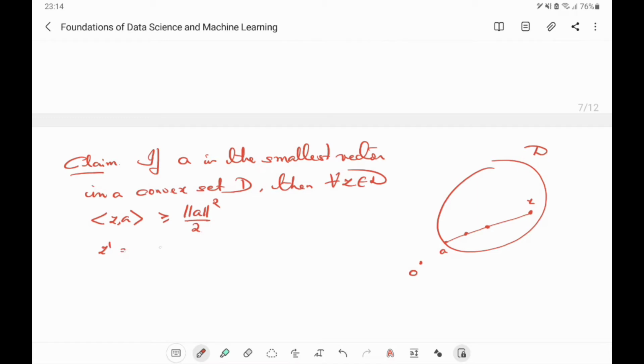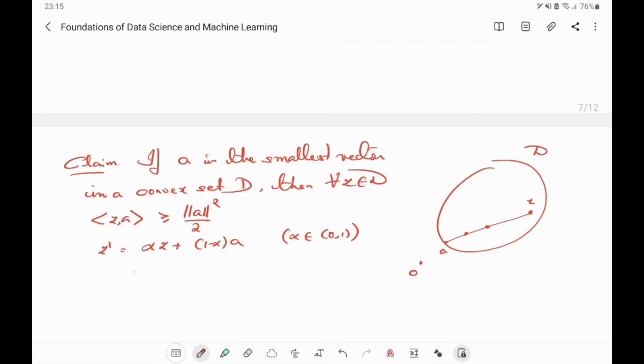And what is Z prime? Z prime is alpha times Z plus 1 minus alpha times A for some alpha in, let's say, the open interval 0 1. I want somebody who is strictly between A and Z, not A or Z, right?